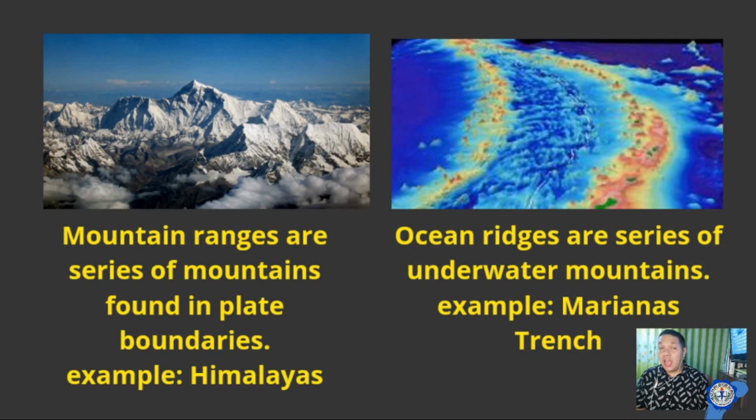Mountain ranges are series of mountains that are found in plate boundaries. An example of it is the Himalayas. Whereas the ocean ridges, where some of the earthquakes can also come from, are series of underwater mountains, and an example of it is the Marianas Trench.